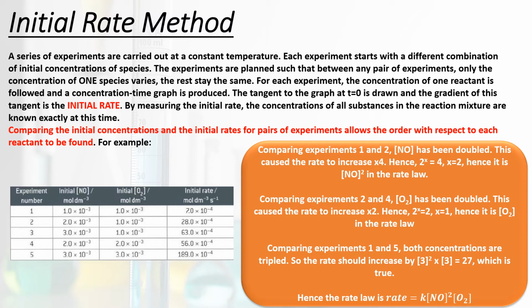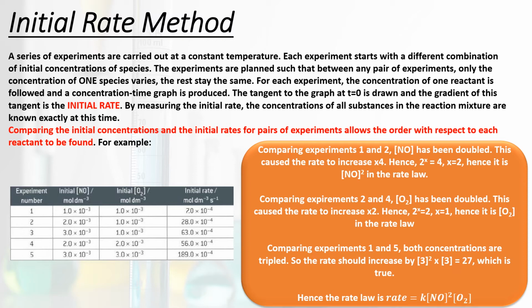For each experiment, the concentration of one reactant is followed, and we draw that concentration-time graph that we saw on the left of the previous slide. We draw our tangent to the graph at t equals 0, the start of that curve essentially. The gradient of that tangent, the change in y over change in x, the change in concentration over the change in time, is the initial rate.